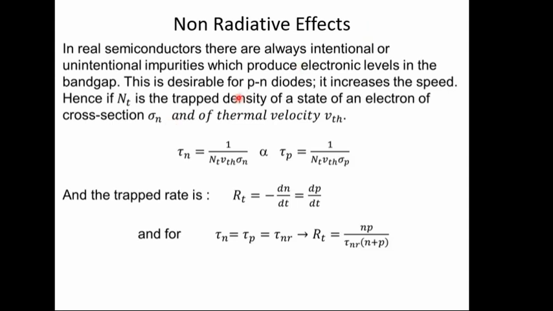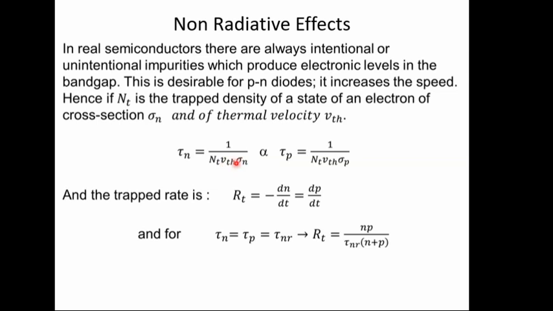We said if we want to speed up the current in the PN diode, we create an area in the band gap where we have trapped some electrons at a certain thermal velocity and within a cross section. And we will relate this to tau. Of course, you reach that equation not simply like that, but by a whole derivation for the trap density, thermal velocity and cross section.